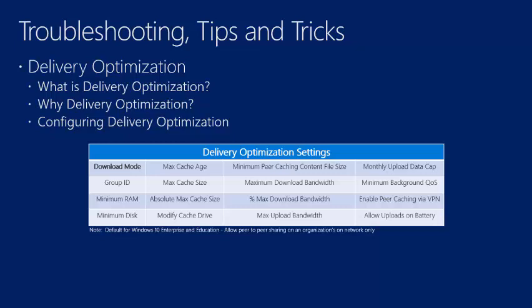You see settings in here for managing the cache age, the content download file size, and the percent max download bandwidth, and on we go, right? So I won't dig into this anymore, but it's definitely worthy of consideration. It does stand a little outside the generic Windows Update for Business discussion, but it's definitely key to it as well.